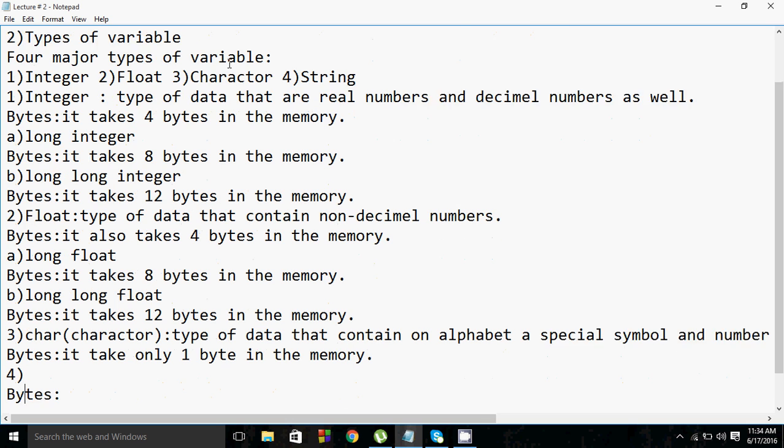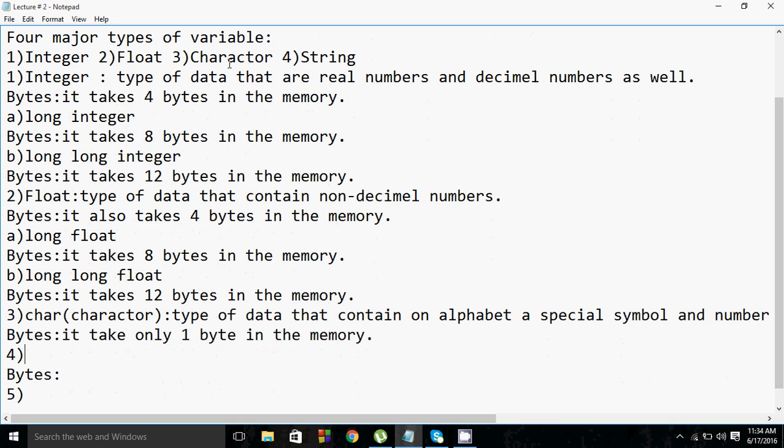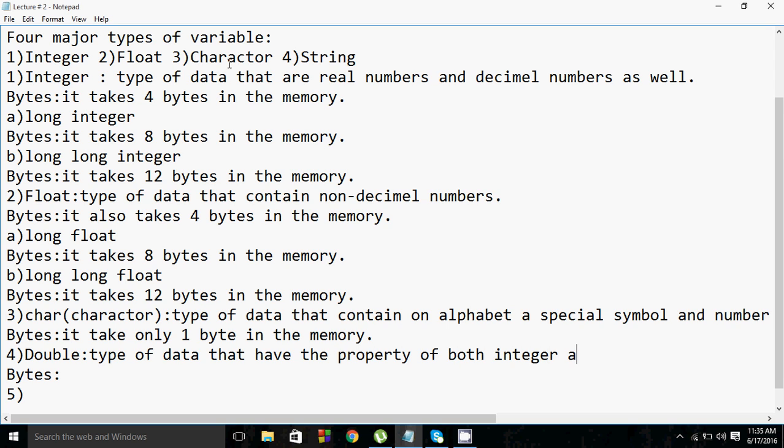So the fourth one is double. You can say that it's a type of data that has the properties of both integer and float.